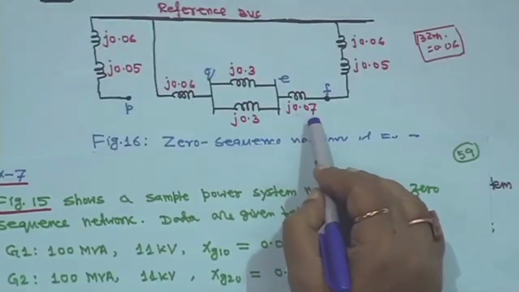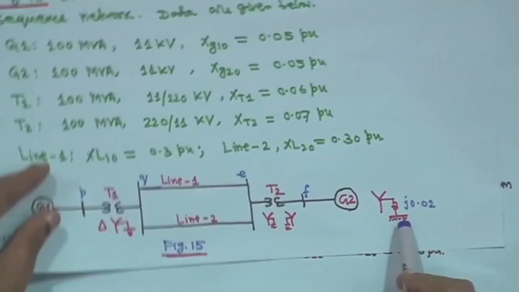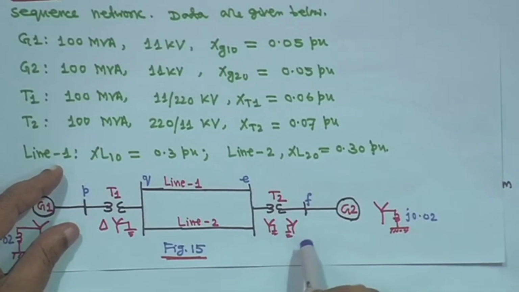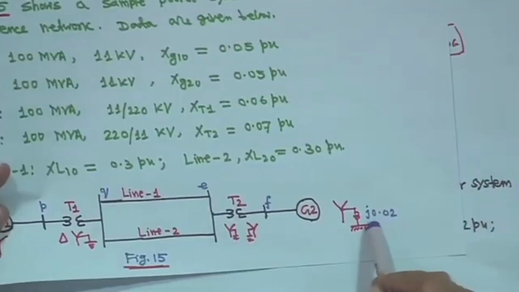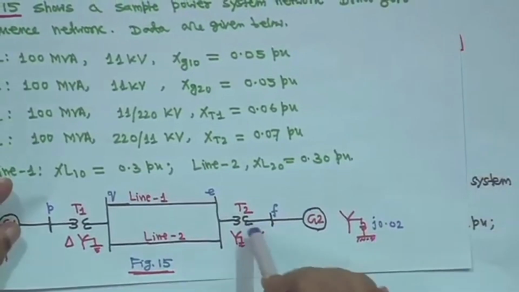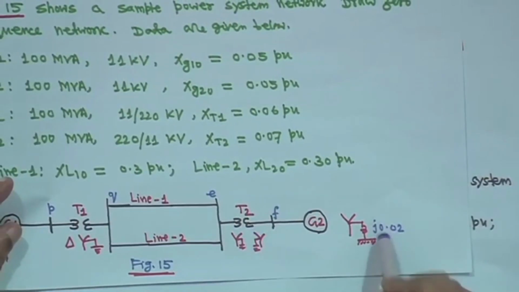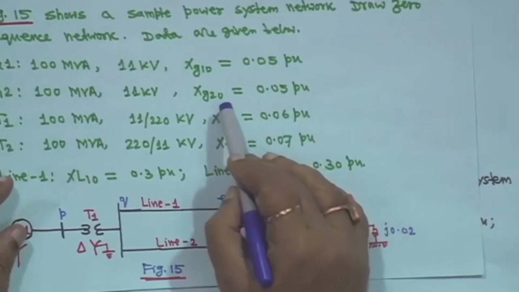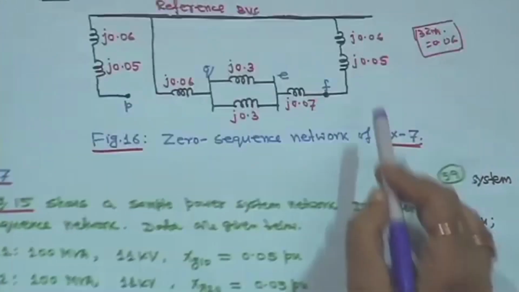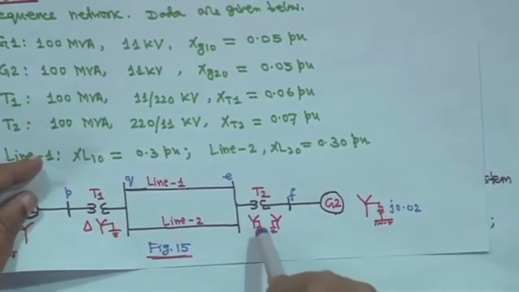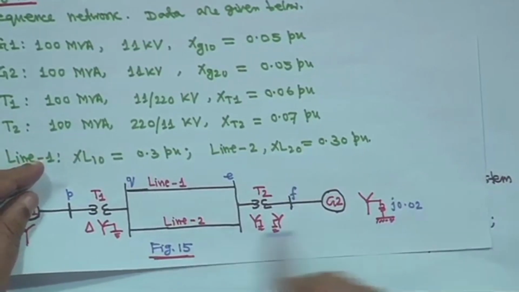Next is transformer T2, which is star star, so it is j0.07. Generator 2 is also star grounded on this side, which means 3Zn, so j0.06, and this has to be connected to the reference bus. For generator 2, xg20 is 0.05, the zero sequence reactance given, so after that it is j0.05, and this point will be F. This is star grounded, so zero sequence current will flow and connectivity will be there.